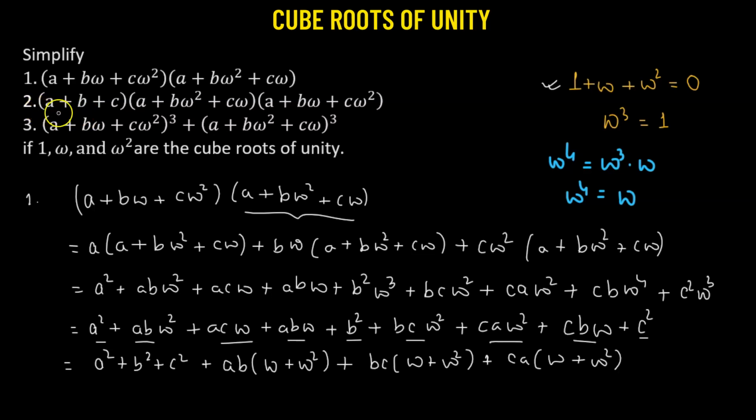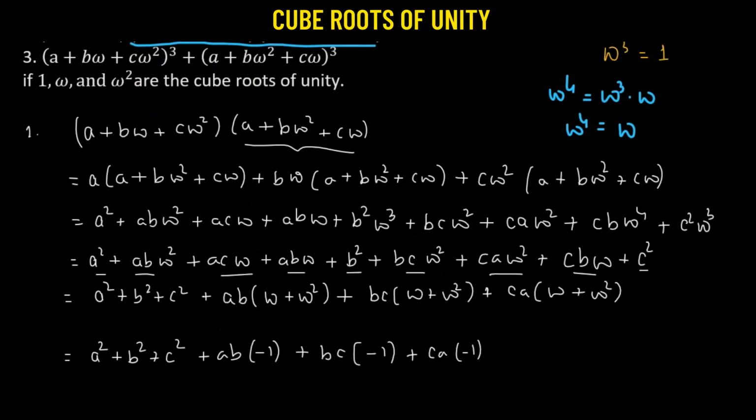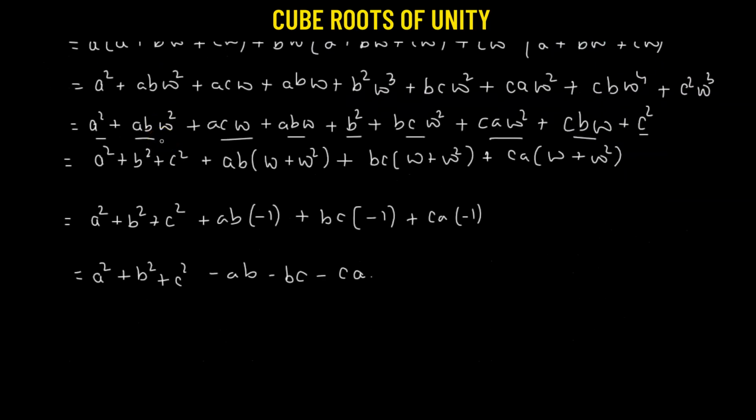So in the second part, we have a plus b plus c, and this is multiplied by a plus b omega squared plus c omega, times a plus b omega plus c omega squared. Now here we can see that these two expressions are exactly the value which was obtained in part 1. So we'll replace it with the value. So that means R2 will then become, let's write down number 2 as well.